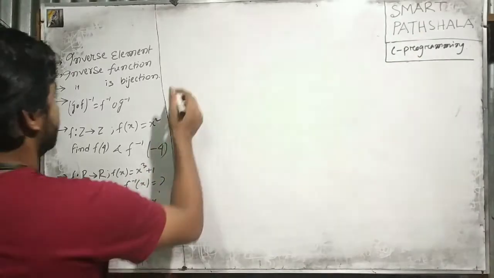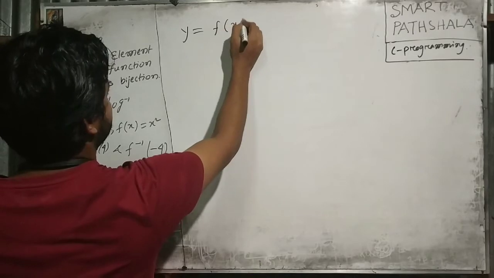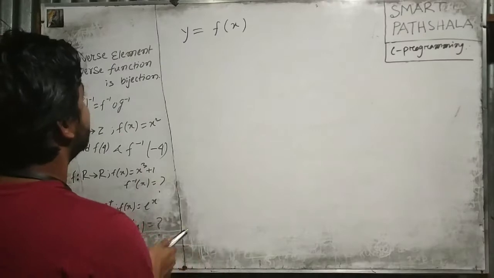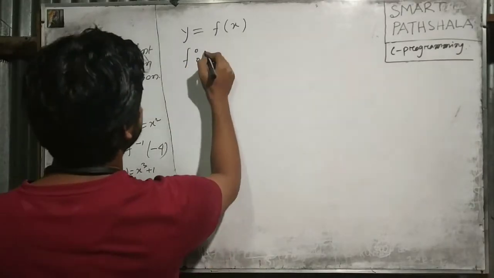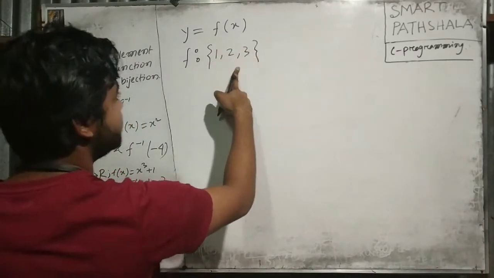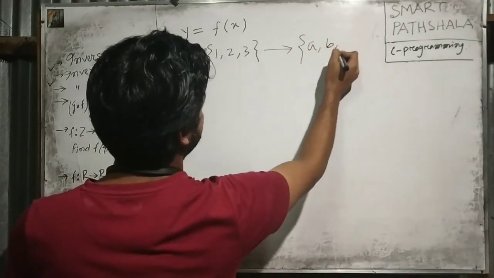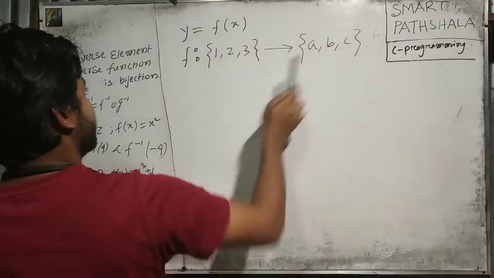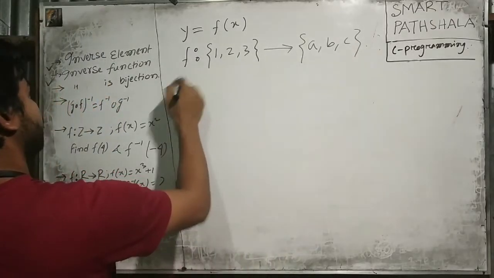Okay, so suppose we are having a function y is equal to f of x. So this is a function, right? Now let's say f is such a function that maps from a set 1, 2, 3, which is the domain set, to a set A, B, C, which is the codomain set for the function f.